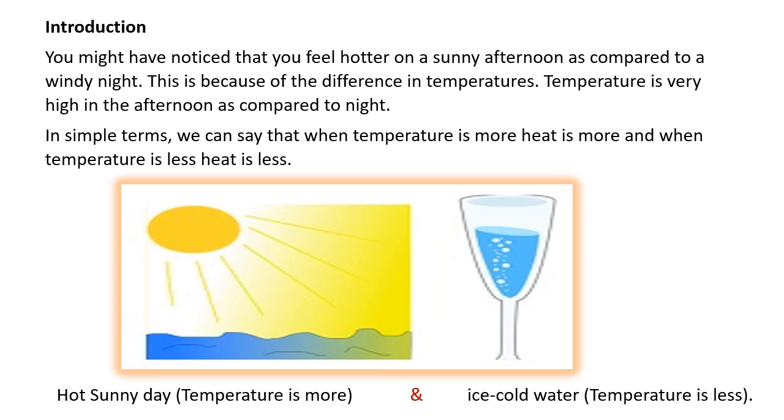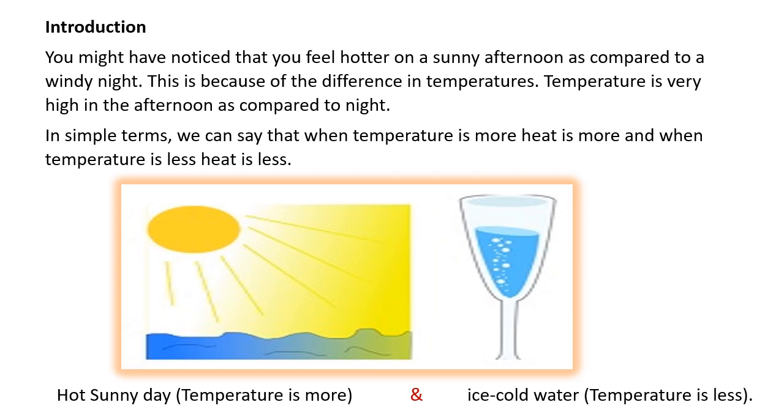You might have noticed that you feel hotter on a sunny afternoon as compared to a windy night. This is because of that temperature difference. Temperature is very high in the afternoon as compared to night.